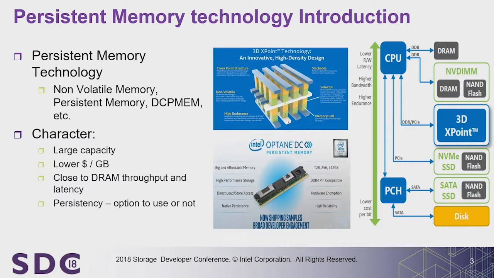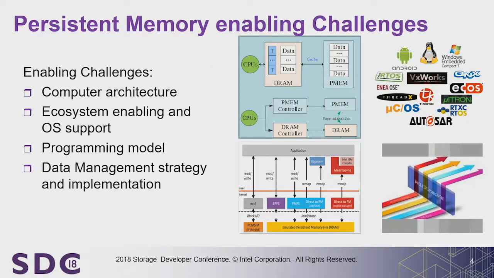On performance, we pitch it as close to DRAM throughput and latency, plus persistency. It is the user's option whether to use the persistency capability of the persistent memory during workload enabling.